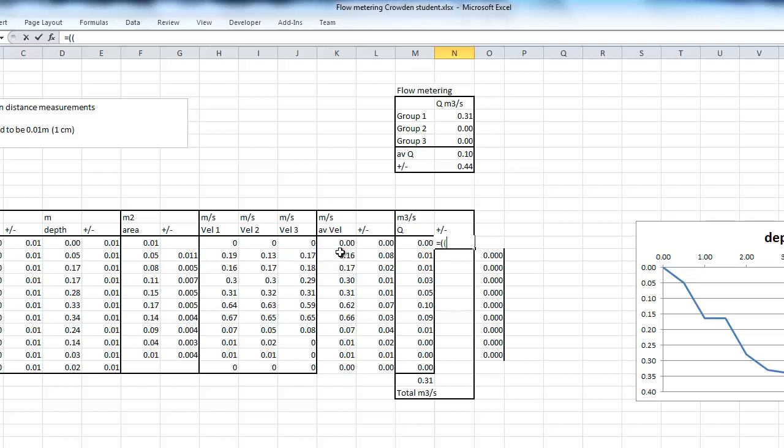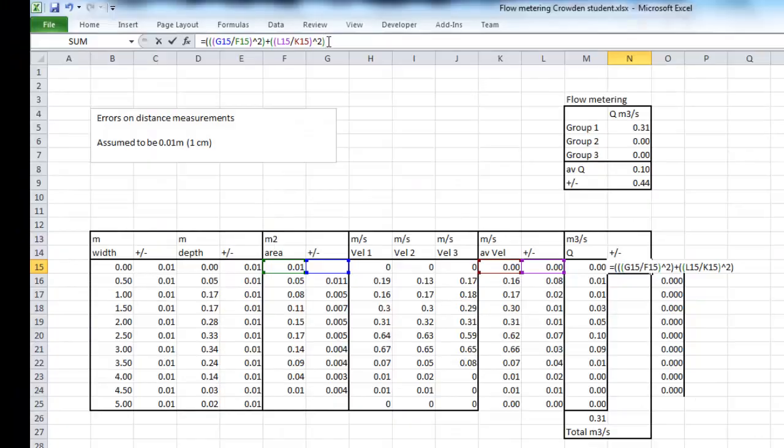We're going to take the error on the area and divide it by the area itself, and square that, then add that to the error on the velocity divided by the velocity, and square that, and then we can put in another pair of brackets and take the square root.